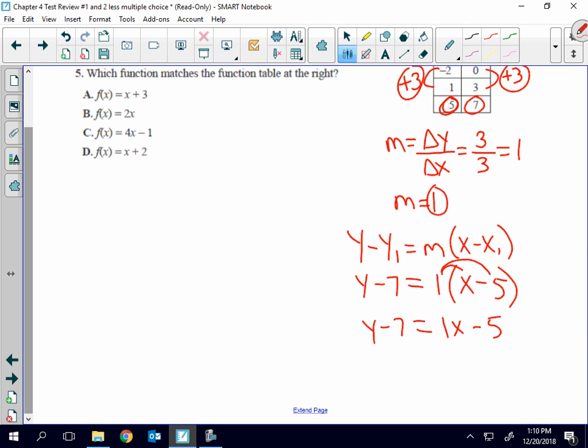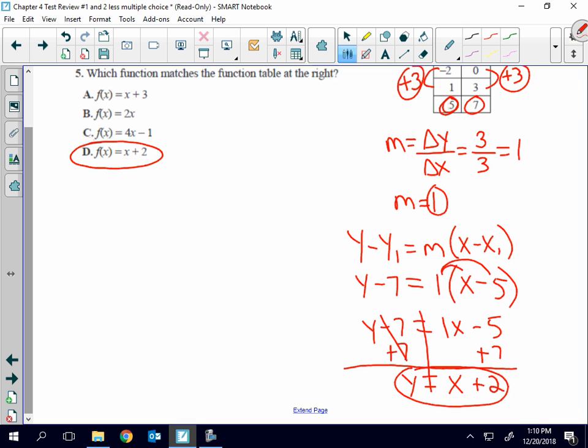I did multiply 1 times a negative 5. And then lastly, we'll rearrange by adding 7 to both sides to get y equals 1x, which is also just x, and a negative 5 plus 7 is plus 2. So that's our answer. Just find the one that says that, which is this one. Of course, you know f of x is the same as y.